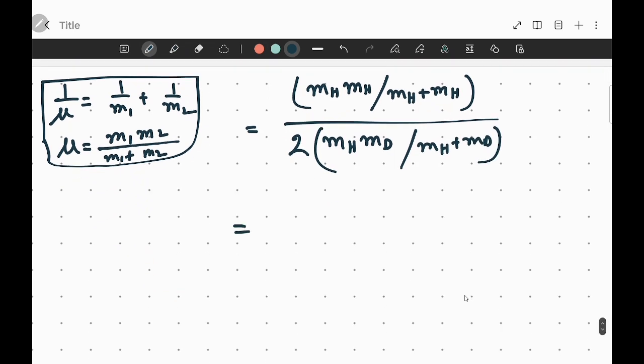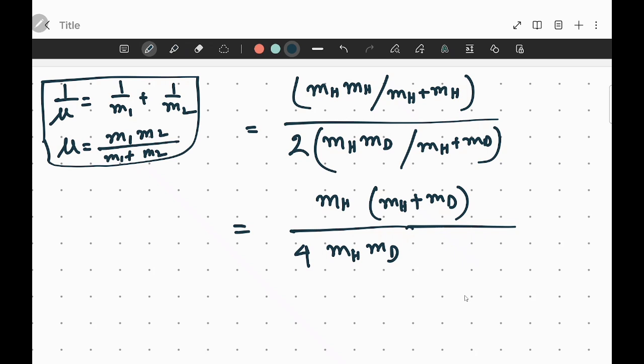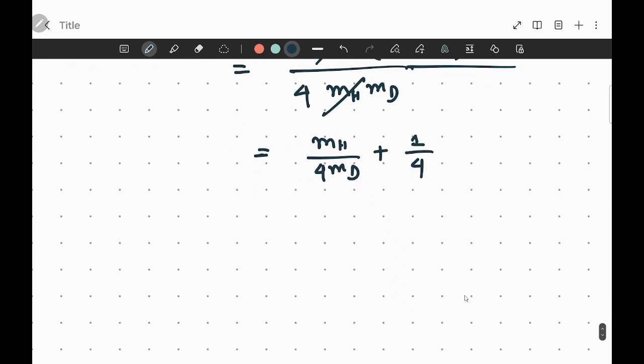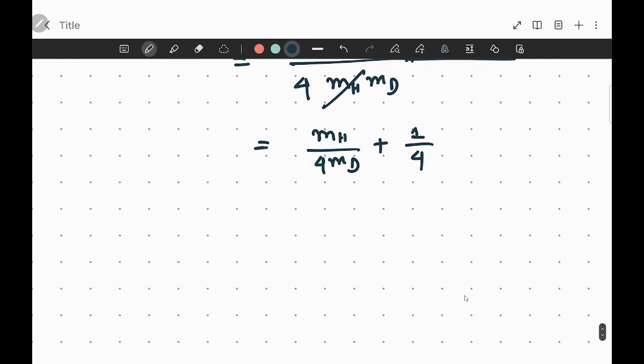Okay, so that will be MH by 2, and there is the 2 as well, so both 2s will be there. So 4 MH MD goes up to MH plus MD. MH goes away. So it is MH by 4 MD plus 1 by 4. So just MH by MD we have to calculate.